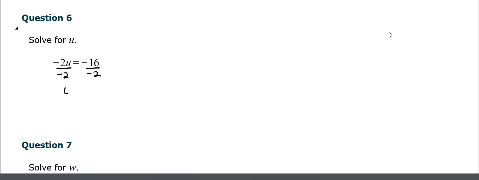So this becomes 1u on the left-hand side. And a negative over a negative is a positive, and 16 divided by 2 is 8. So my answer would be u equals 8.